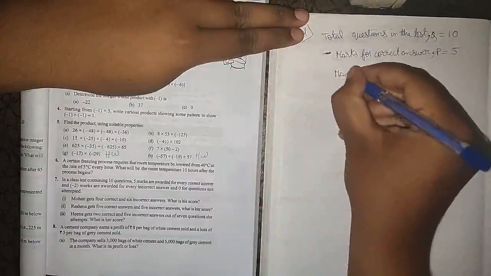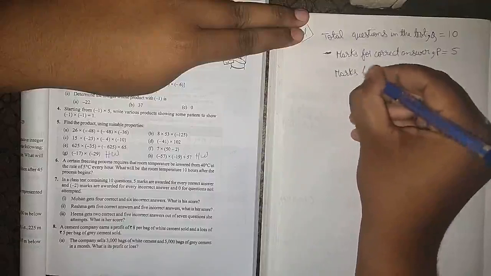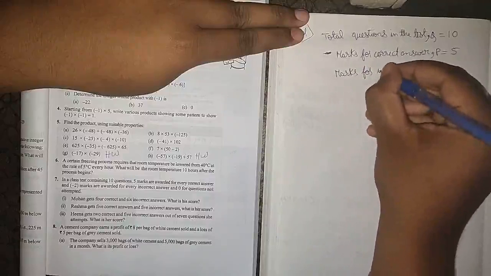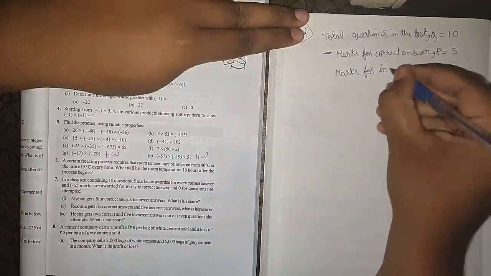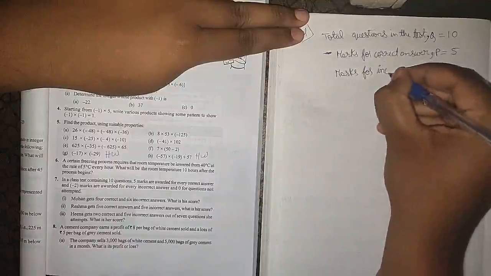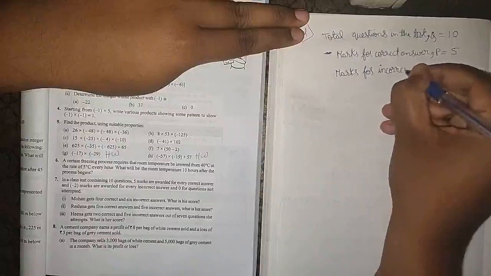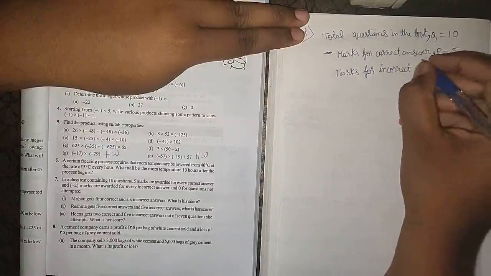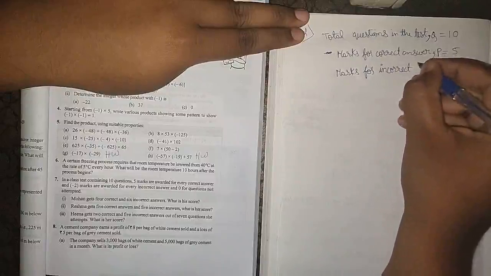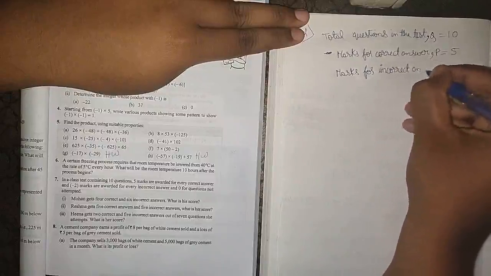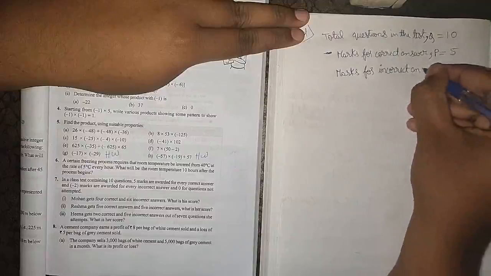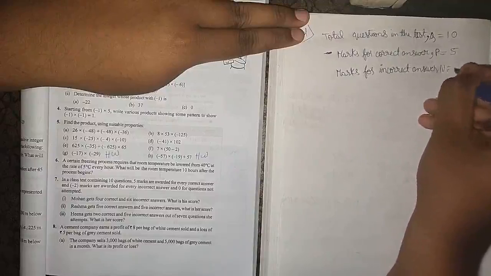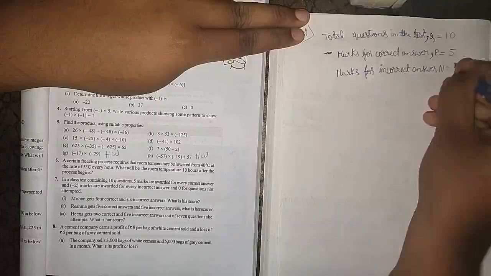Marks for incorrect answer, I'll take it as N, is -2 marks.